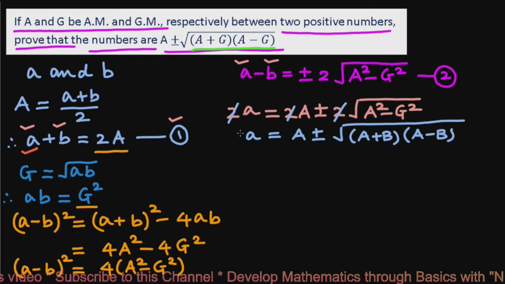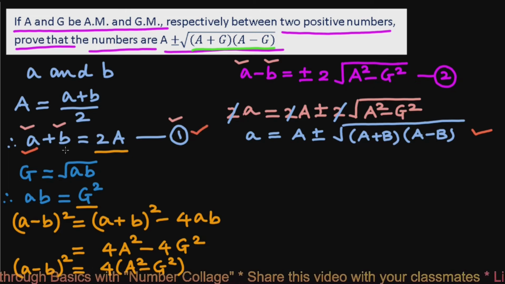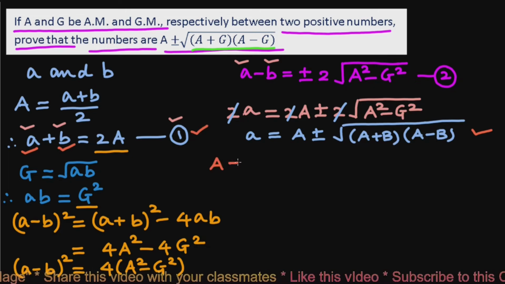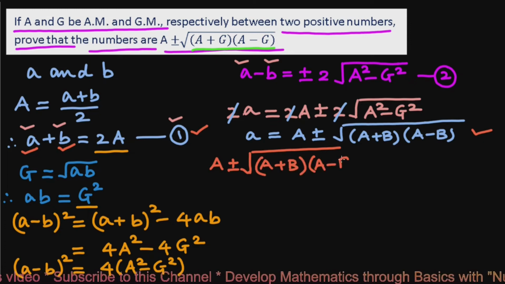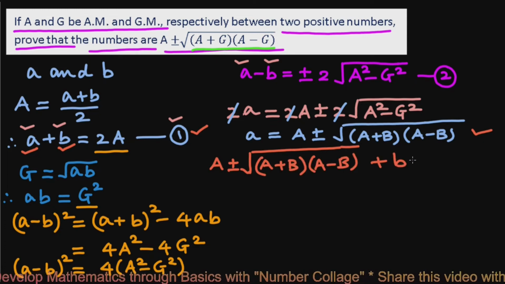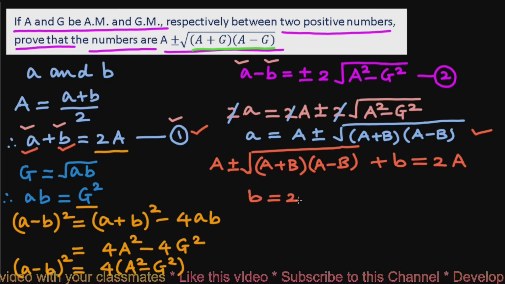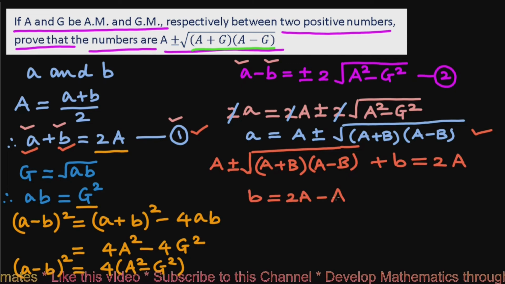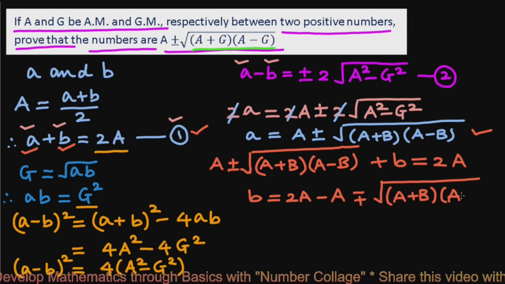Now we will use this value of a in equation 1 to find the value of b. So we write A plus minus square root of (A plus G) into (A minus G) plus b equals 2A. So that gives b equals 2A minus A minus plus square root of (A plus G) into (A minus G).